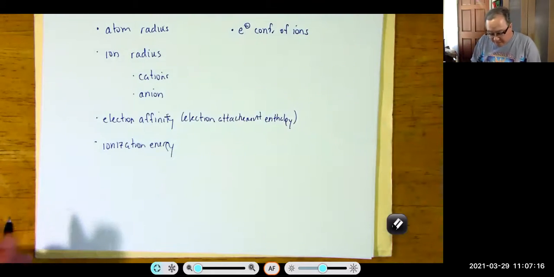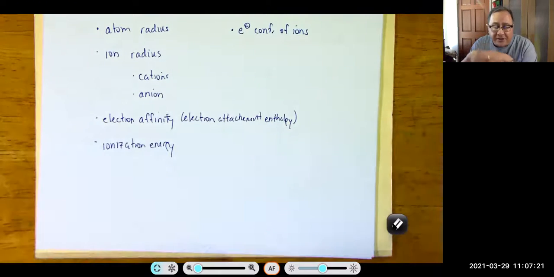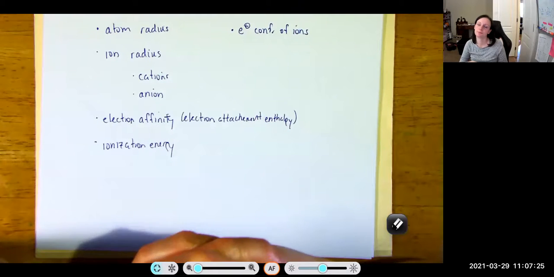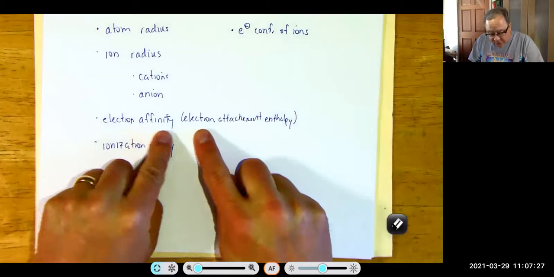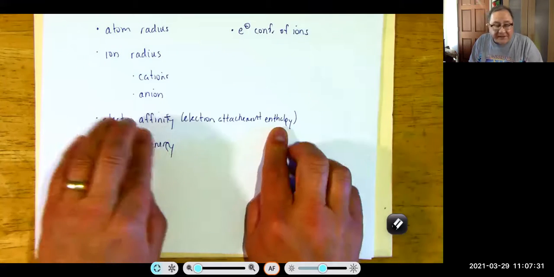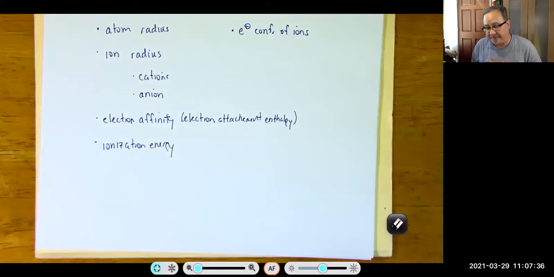The deal is that when an electron attaches itself to an atom, energy is emitted and that's negative, right? So the difference between electron affinity and electron attachment enthalpy is that one is negative and the other is just the absolute value of that negative.